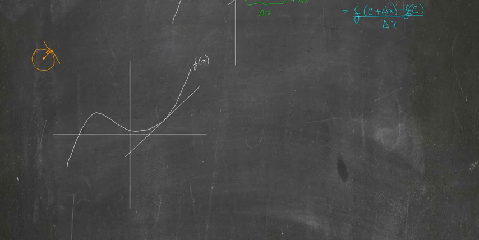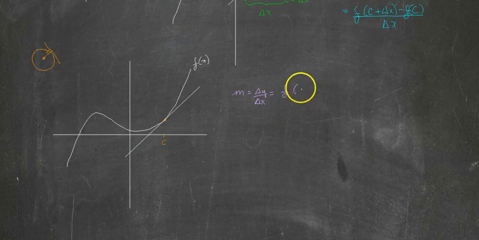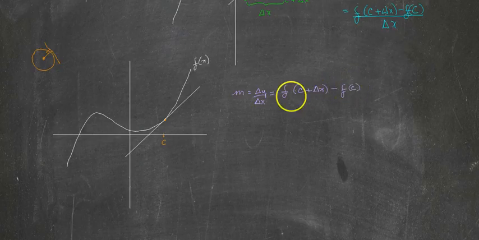So tangent lines are really important in calculus, and so let's go ahead and just use, since we only need 1 point, not 2 points, because we turned this into c, let's find the slope of this line. So the slope, which is the change in y over the change in x, equals f of whatever c is plus the change in x, no problem yet, minus f of c, no problem yet, over delta x.